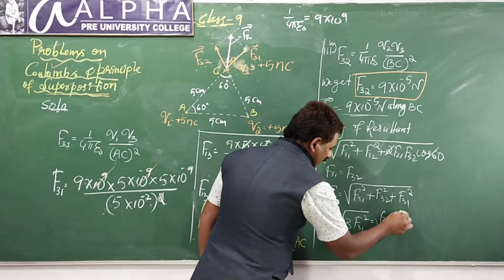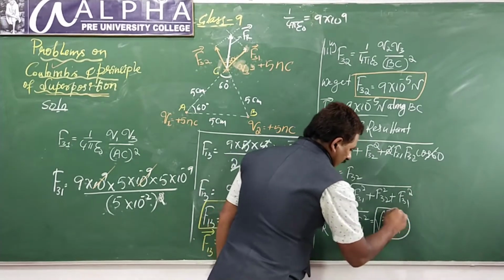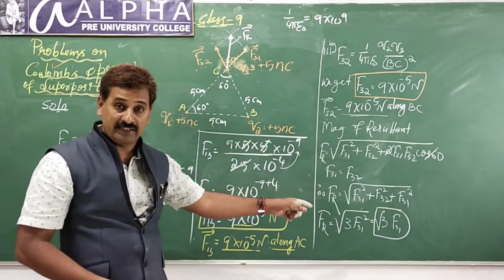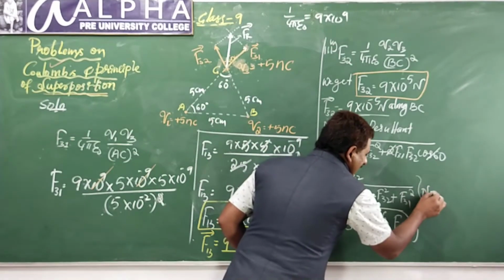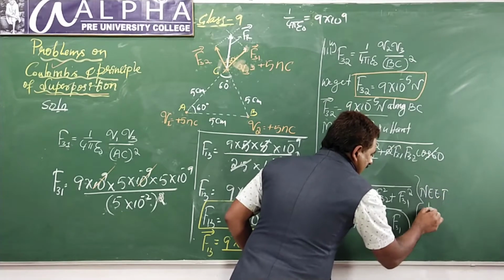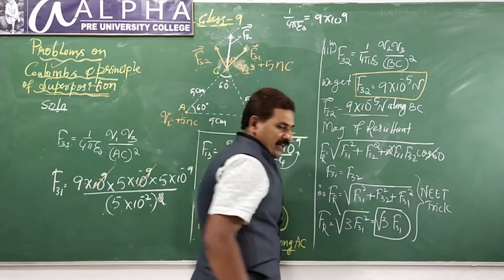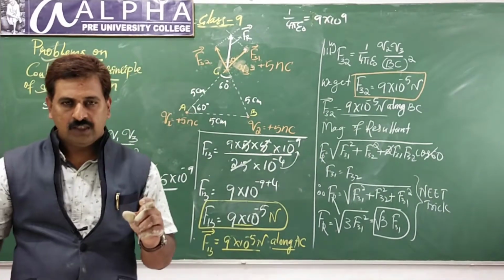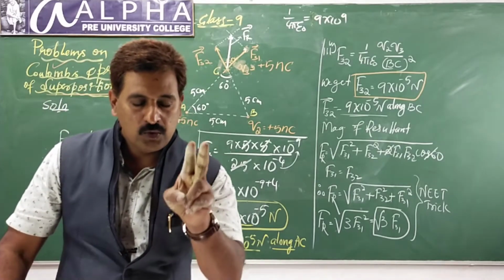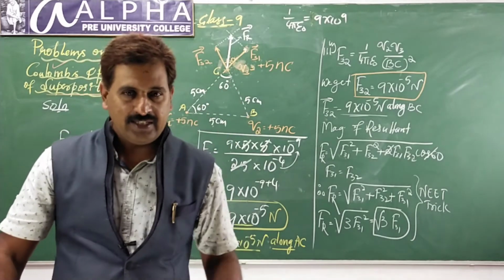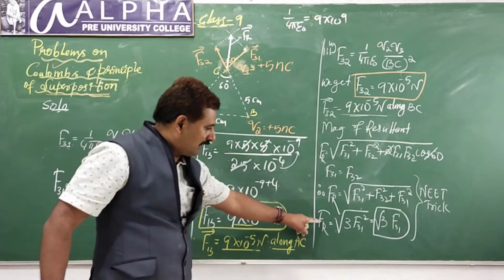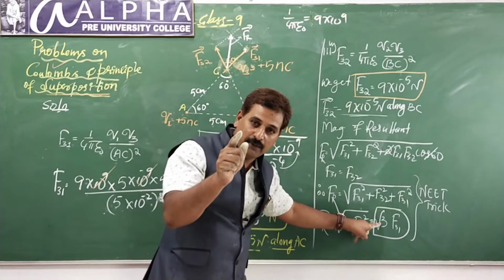This is what you learn. Remember students, this is a CET neat trick. What is that neat trick? Very simple. Whenever two equal forces act at an angle of 60 degrees, the magnitude of the resultant is root 3 times the individual value.